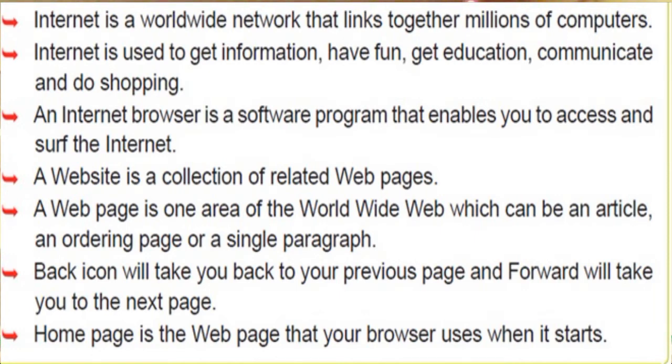An internet browser is a software program that enables you to access and surf the internet. A website is a collection of related web pages. A web page is one area of the World Wide Web which can be an article, an ordering page, or a single paragraph.